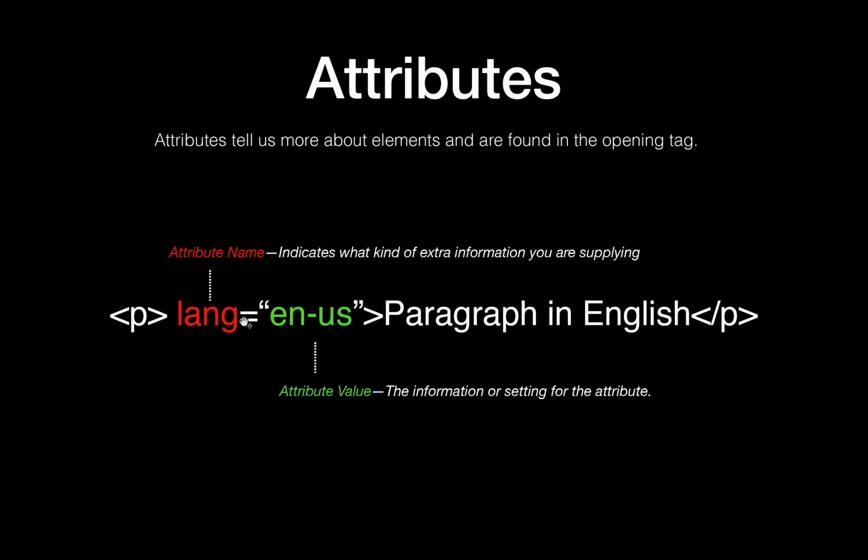And we have the equals, and we have the value. That's the information or setting for the attribute. So whatever attribute you're applying, you'll always have an attribute name, which is what you're doing, and then you'll have the value, which is the setting or information about what this attribute is doing or modifying. Okay.